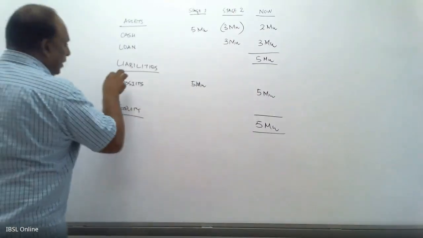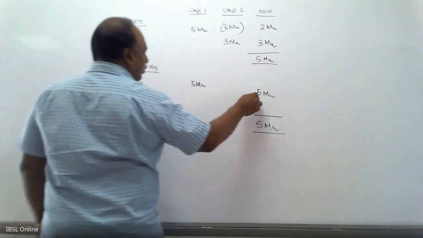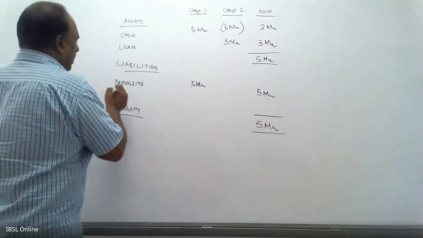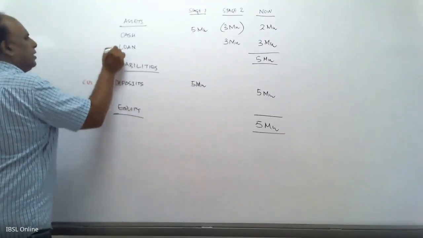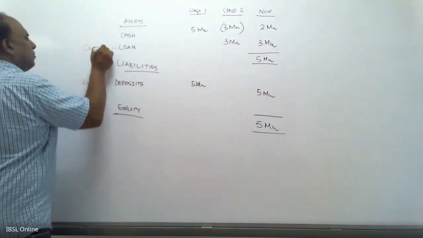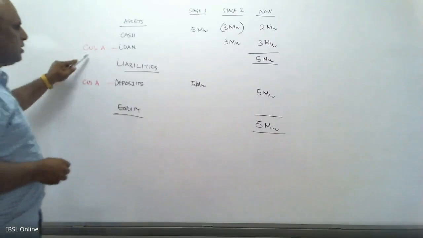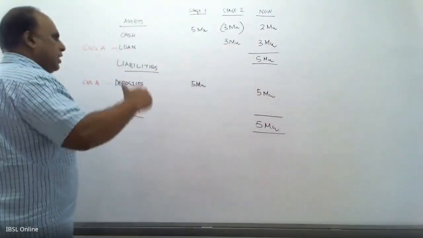The deposit and the loan in your balance sheet are from the same customer, let's say customer A. This customer A is supposed to give the bank 3 million because he has taken a loan.